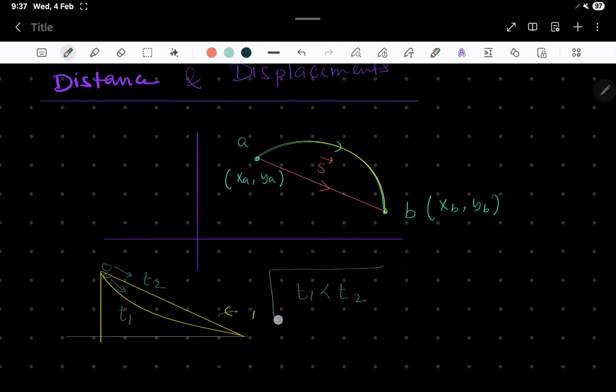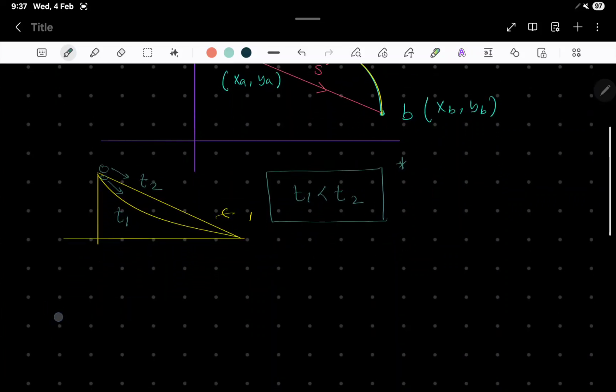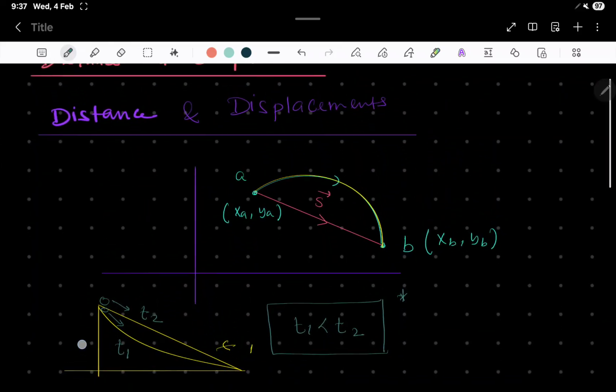This can be seen by an experiment, and you can do it yourself. The reason behind it we will try to understand in the mechanics section. That's why I'm not saying shortest path. If you want to say shortest path, you must mention that it is shortest in terms of length, not in terms of time. So this is distance and displacement.